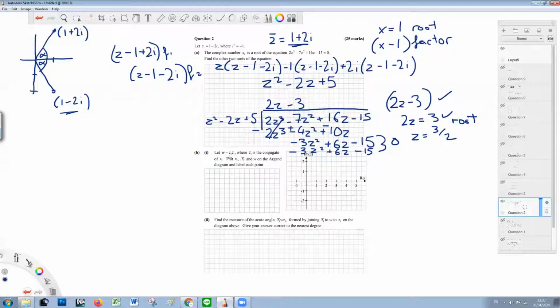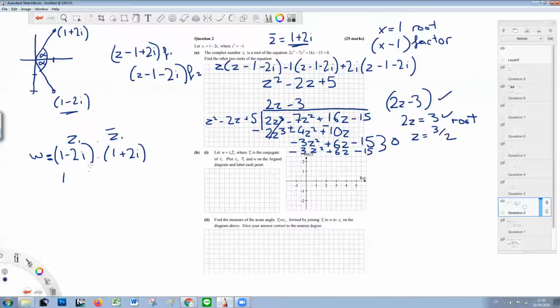All right, next, let w equal to z1 times z hat 1, where z hat 1 is the conjugate of z1. So it's going to be 1 minus 2i multiplied by 1 plus 2i.